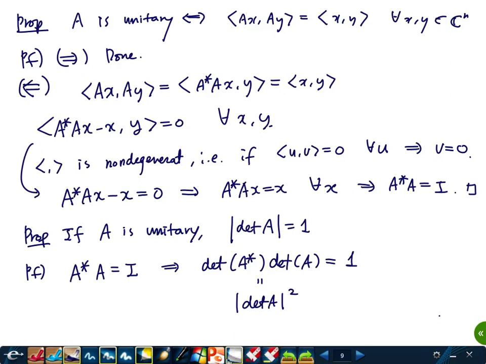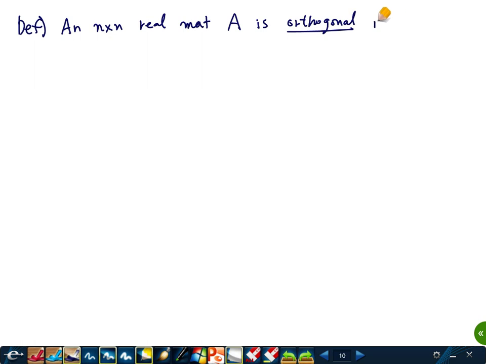Okay, now let's consider the real version of a unitary matrix. An n by n real matrix A is called orthogonal if A transpose is the inverse.